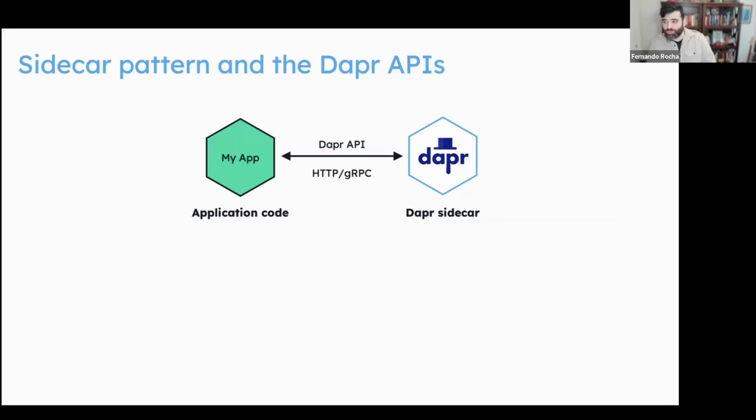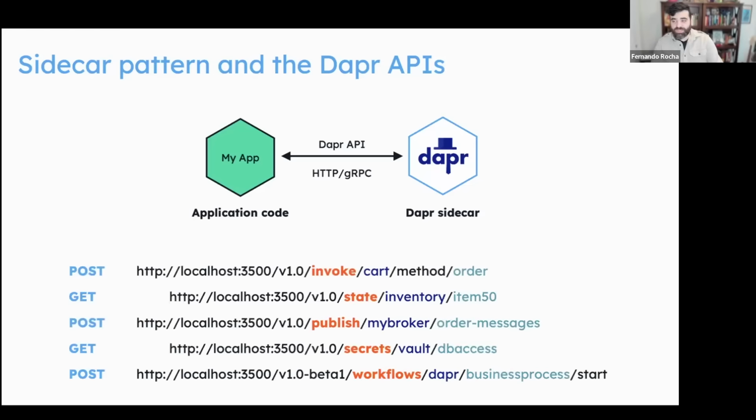So there are no code changes when you move things across environments, making it very easy to move from development to test to production if you choose. Right? And this is how it basically works. As I mentioned before, instead of having your application code using a client SDK or calling APIs that AWS provides when you want to use SQS, for example, you would just call a post method called publish, right?